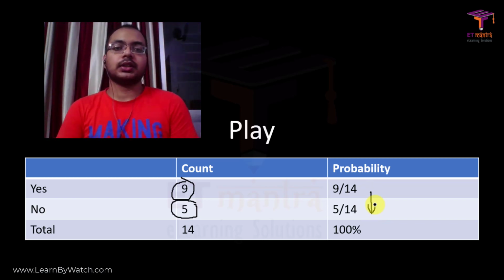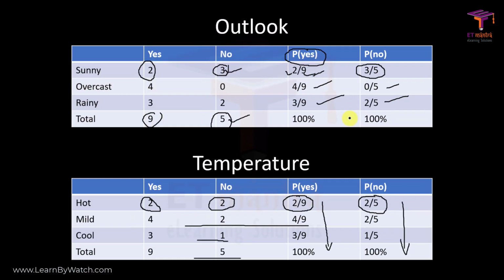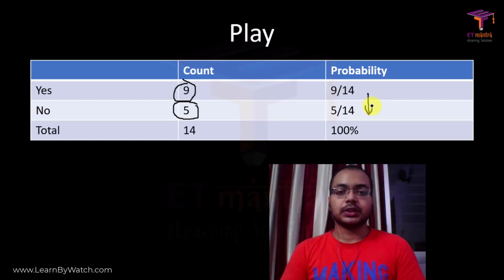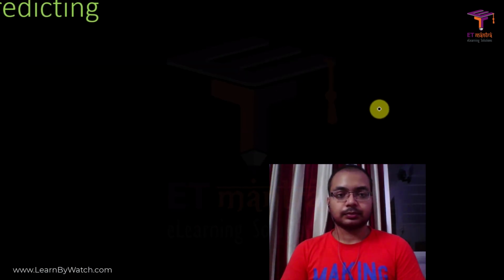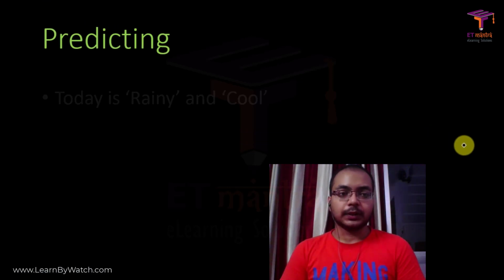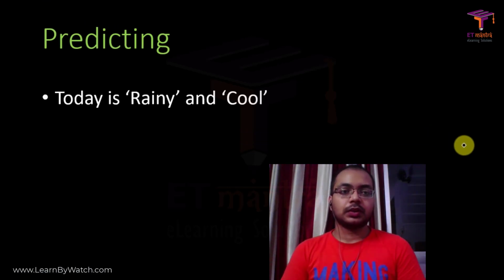So we have looked at our input features, which were Outlook and temperature, and we have also looked at our output, which is the label, whether the match will be played or not. Now let us finally apply this to our naive Bayes formula. We will be predicting this.